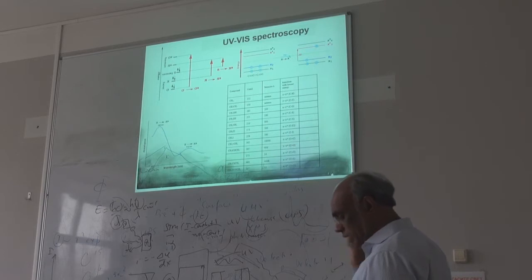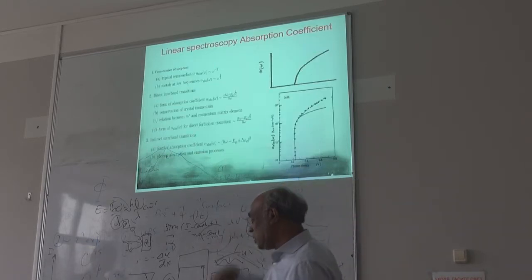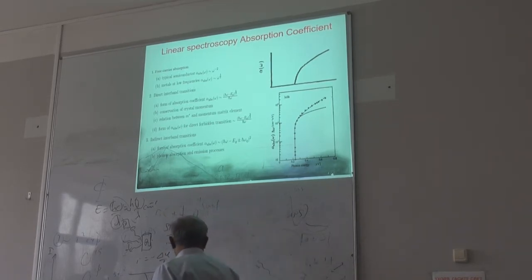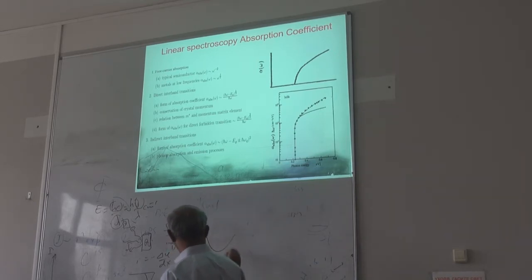But what is very important is if you have a semiconductor. You can easily tell from this UV absorption whether it's a direct band gap or an indirect band gap. In semiconductors we have the conduction band and the valence band.